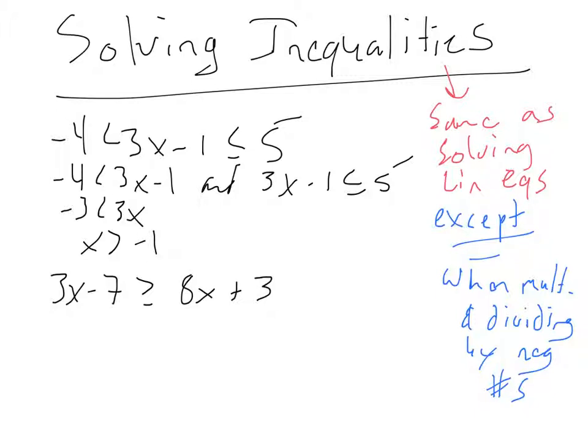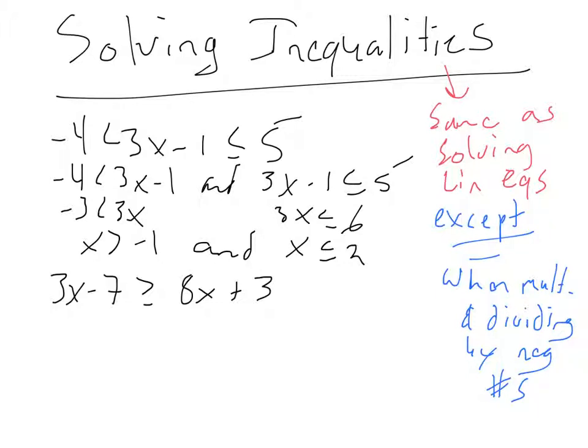Notice I'm dividing by a positive number, so even though I'm dividing a negative number, that doesn't affect the direction of the sign, right? So I should get x is greater than negative 1. Then over here I'll get 3x is less than or equal to 6, so x is less than or equal to 2. Put the and in between there. So it's greater than negative 1 and less than or equal to 2.